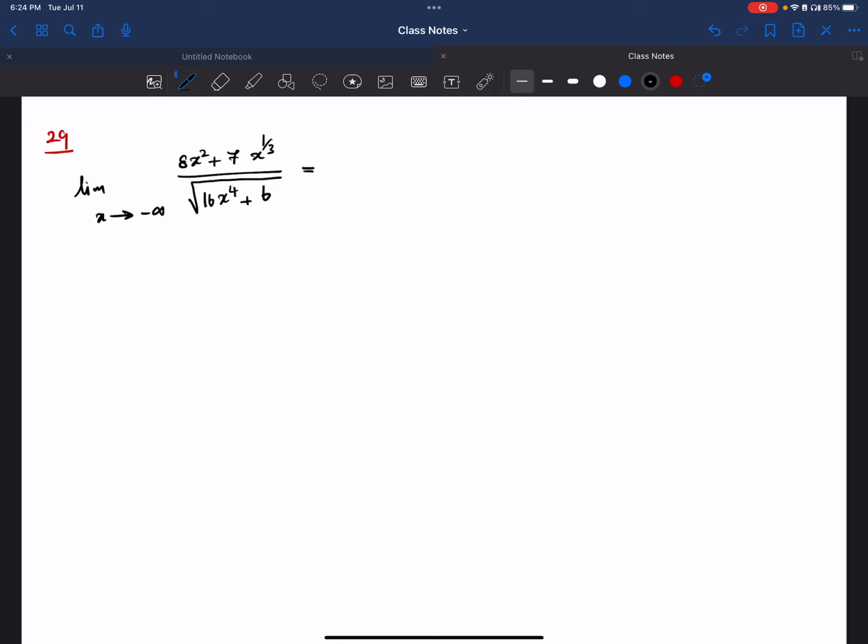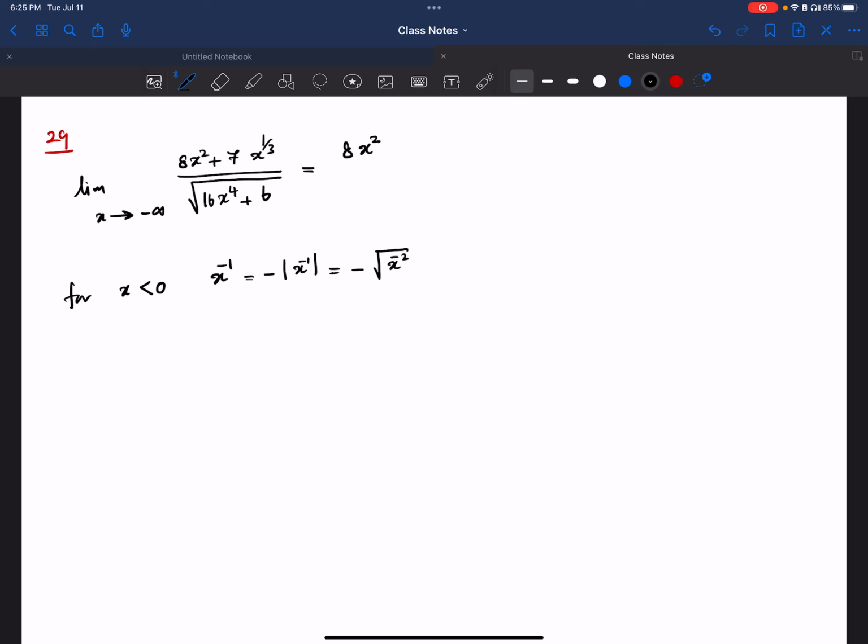We have 8x squared, but since x goes to negative infinity, for x less than 0, x to the power minus 1 is equal to negative times square root of x to the power minus 2.